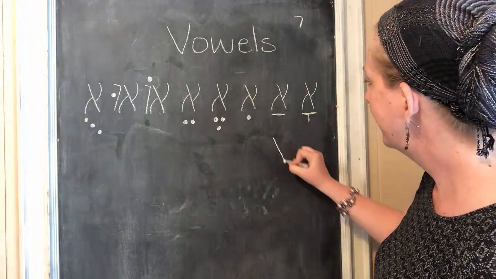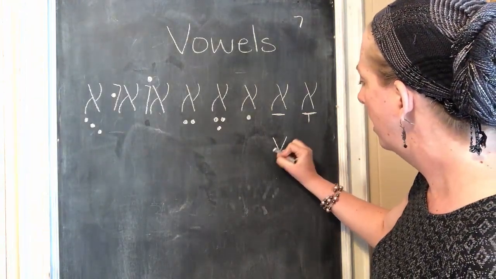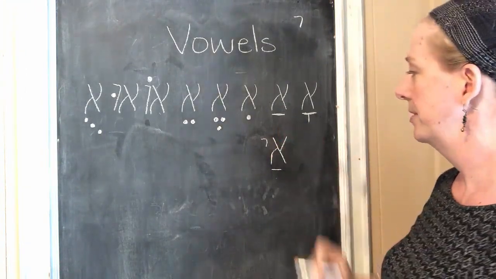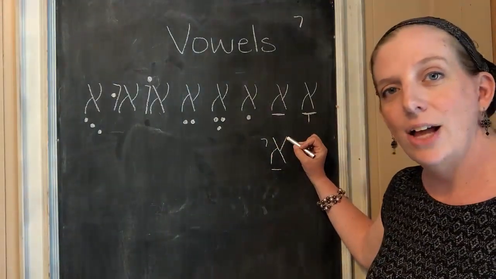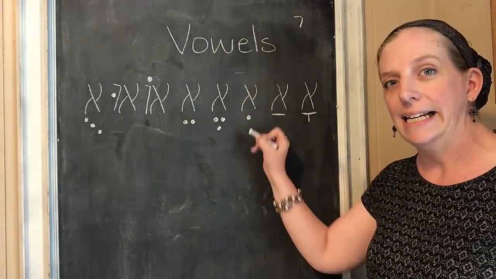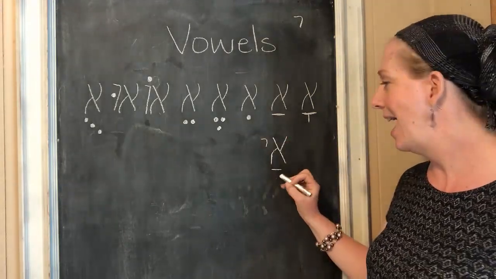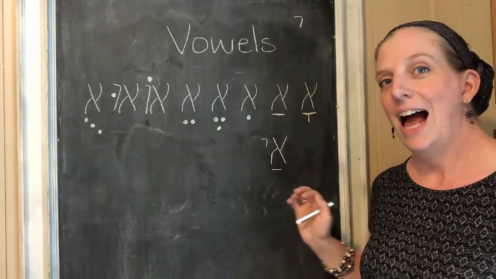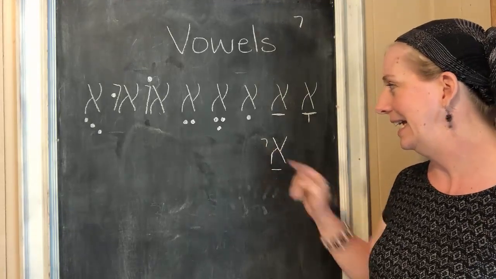And when we do, we'll make an aleph and put the sound under it, and then we're going to add a yod. Now, say it slow like a Michigan person. Ah-ee. Now, that is the same as the sound hi. Ah-ee. Okay? Hi.